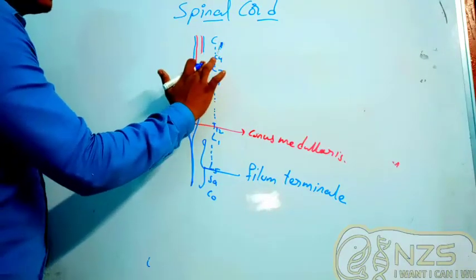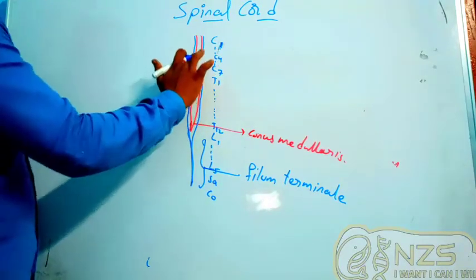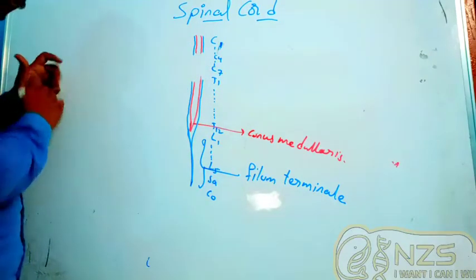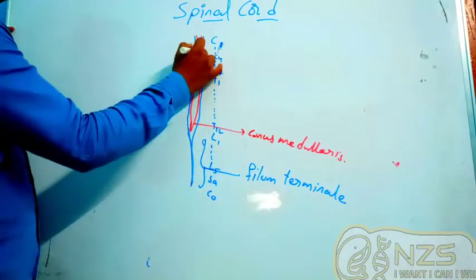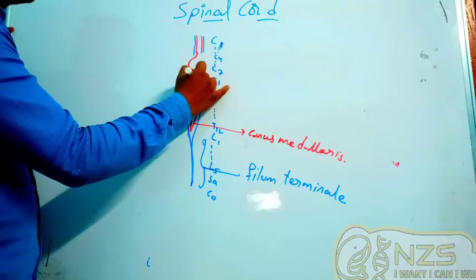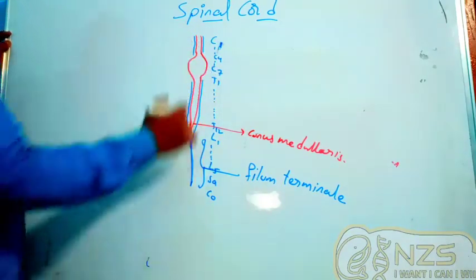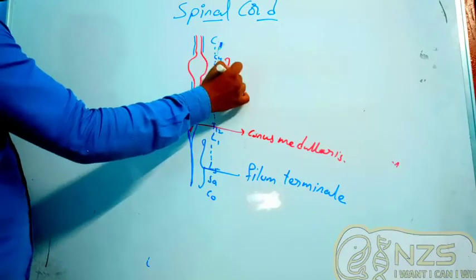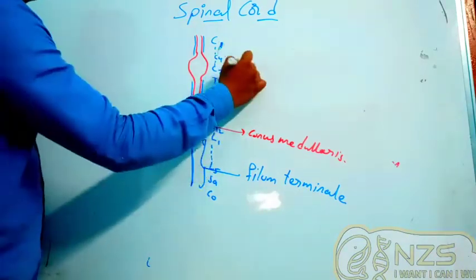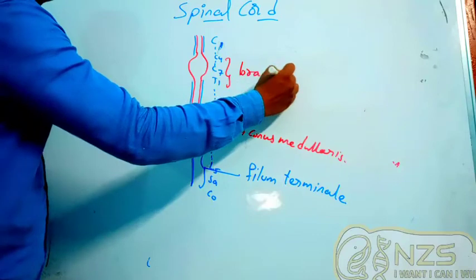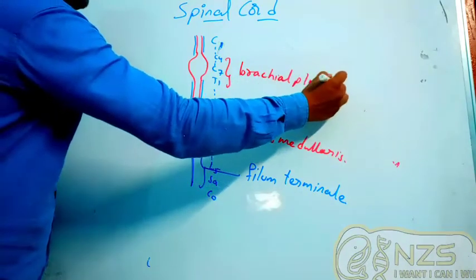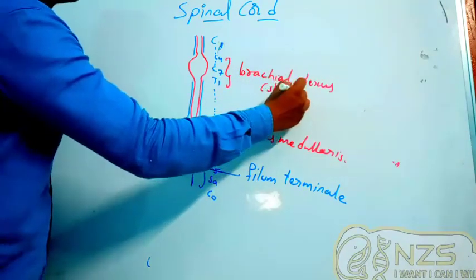Here we have a swelling because a group of nerves, more nerves, come out of the spinal cord. So we have a plexus here, a group of nerves from C4 to T1. That C4 to T1 plexus is called the brachial plexus, which gives all the nerves to the shoulders and all those parts.